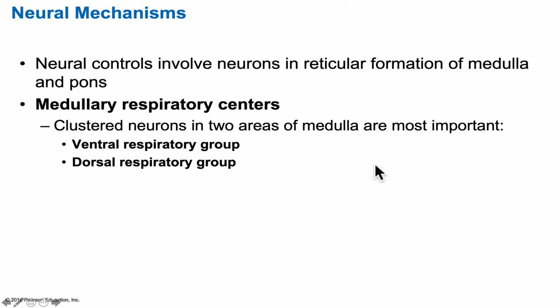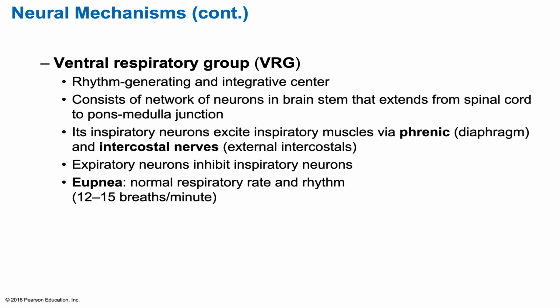We'll talk about both of these a little bit later, but just before we get there, the dorsal respiratory group is located dorsally near the root of cranial nerve number 9. As for the VRG, it's a network of neurons that extends from the ventral brain stem, from the spinal cord, to the pons-medulla junction.